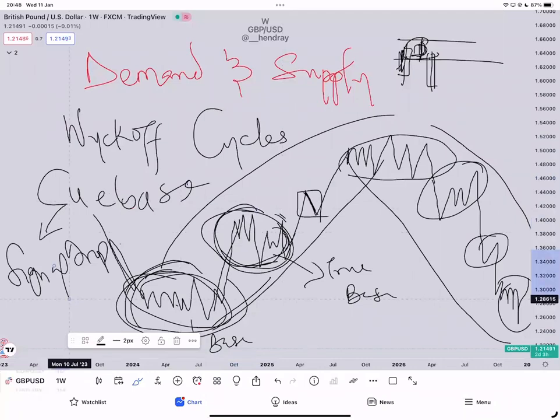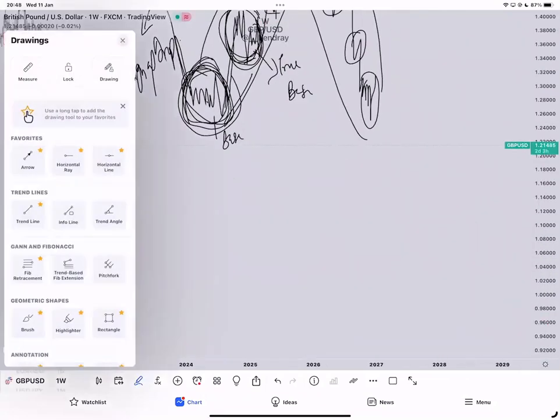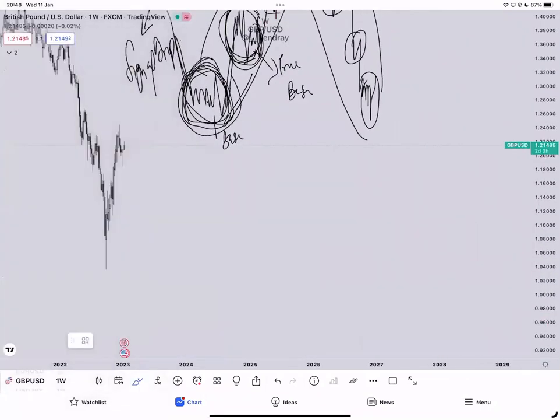A Q base is the scenario whereby our reaccumulation happens before the completion or the total breakout out of an accumulation phase. For example, what do I mean by that? At times you may have something like this.